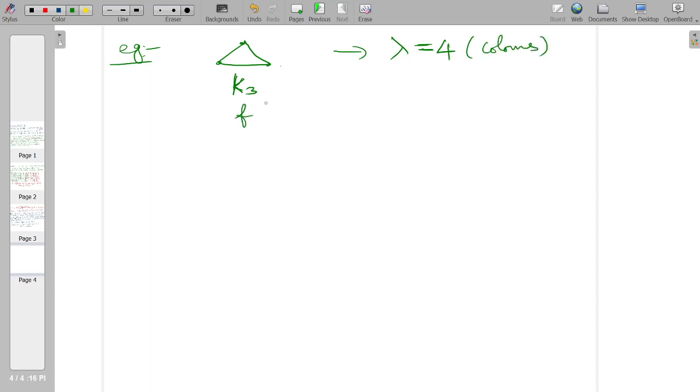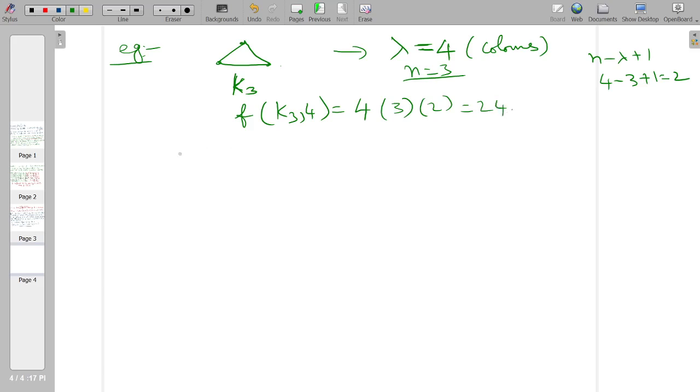Then f(K3, 4) would be 4, and here n is equal to 3, so lambda minus n plus 1 would be 4 minus 3 plus 1, which is 2. So I'll have 4 into 3 into 2, that is 24 combinations.